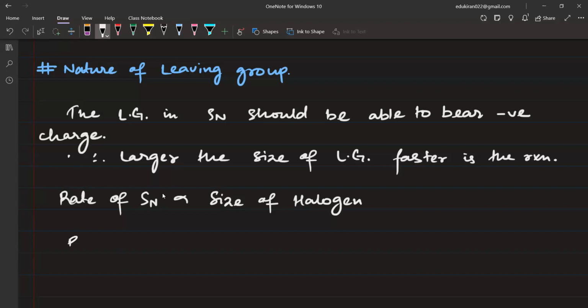Now, in that case, we have RF, it will be least reactive, followed by RCl, followed by RBr, and followed by RI.